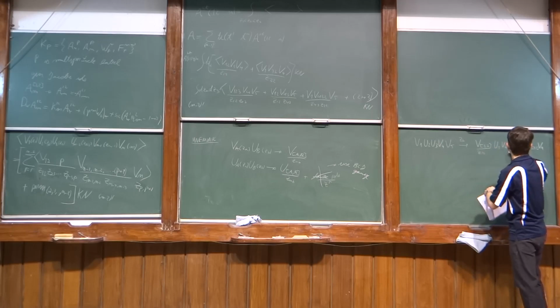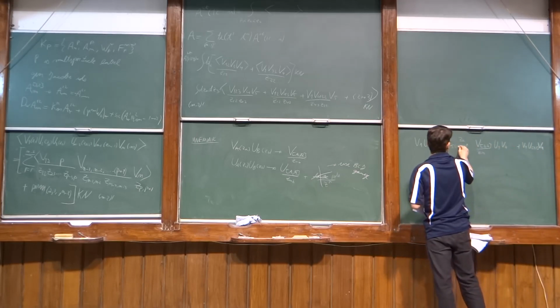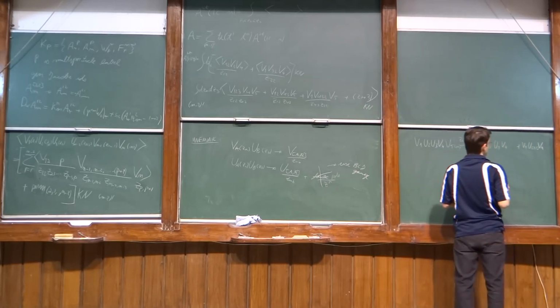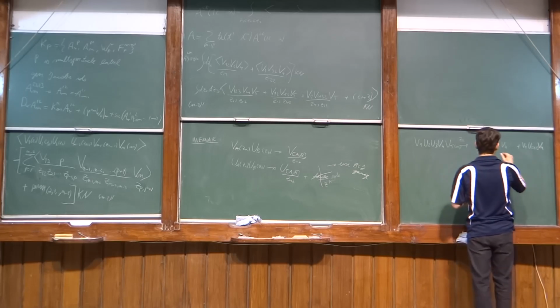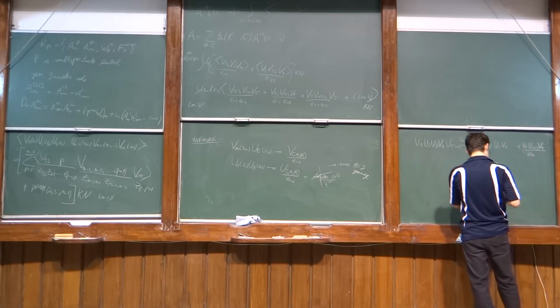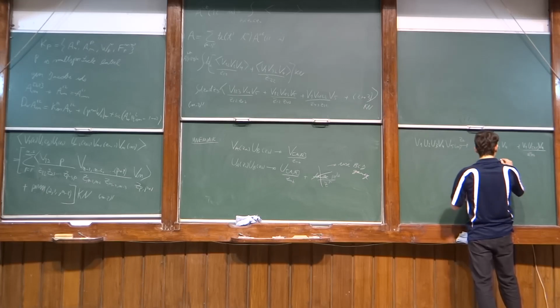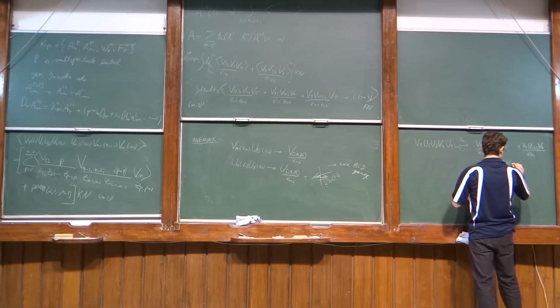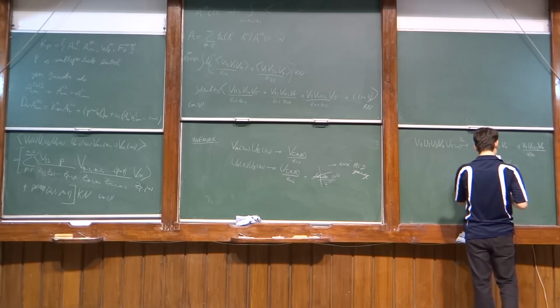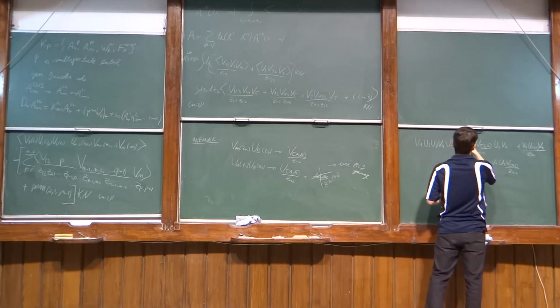I'm not going to write V5 to save space because V5 is at infinity and doesn't take any OPEs. And then plus, over Z32, plus V1, U3, V_42 over Z42. That's the first step where we eliminated Z2.